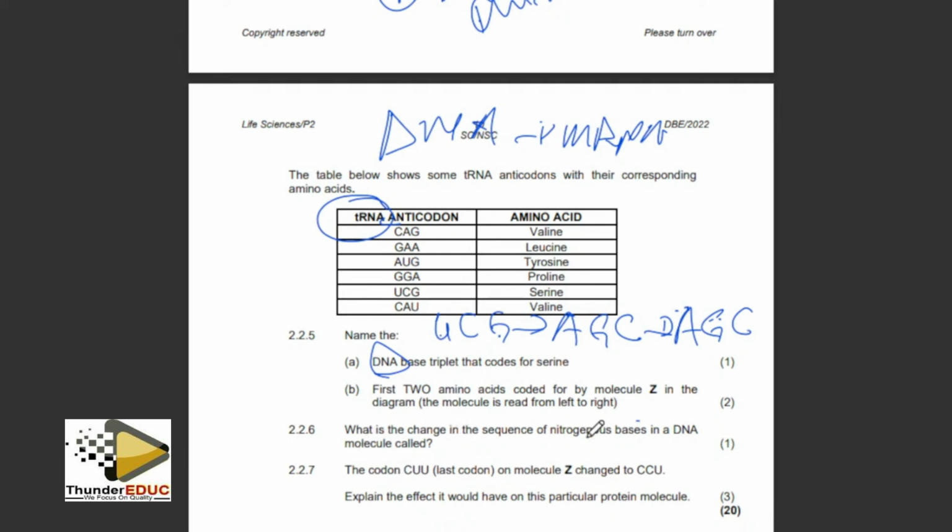So a change in the sequence of nitrogenous bases in the DNA code is a gene mutation, or mutation. They're saying that code CUU changes to C. Now they're saying codons, not anticodons, so I have to convert this into transfer RNA.